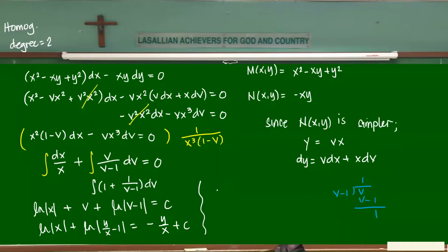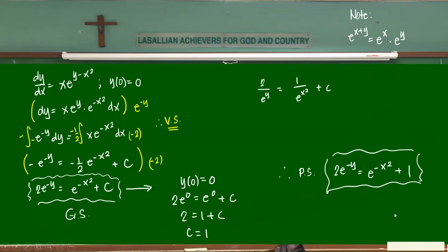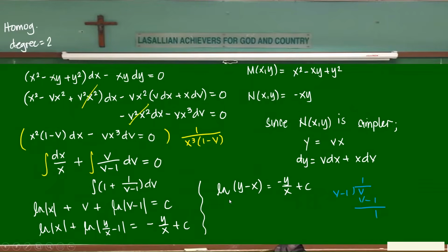So here, ln of the first term will be multiplied with this. Take note of this. Yung ln of x plus ln of y is ln of x times y. So ganun din dito. The first ln multiplied to the second ln.